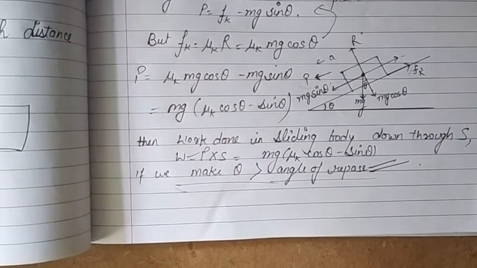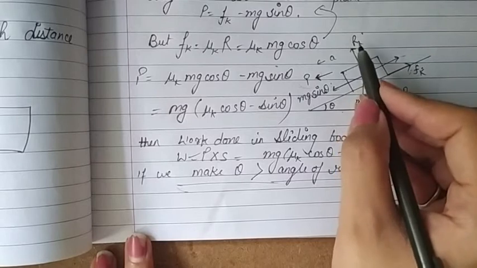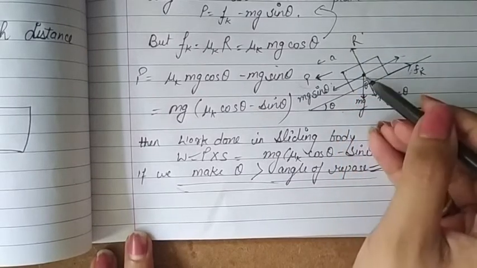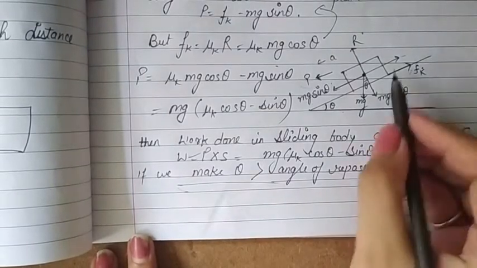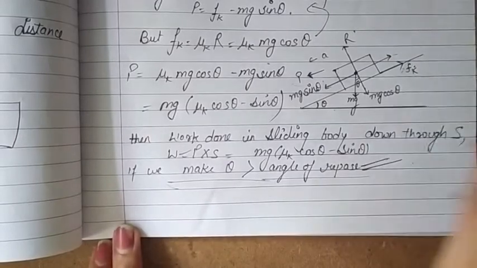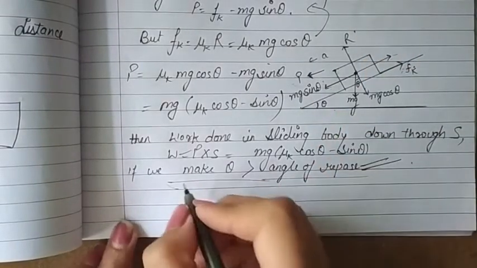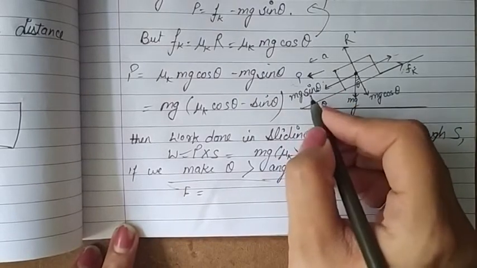So in this case again mg cos theta balances the normal reaction capital R, mg sin theta is acting downward, and Fk is the kinetic friction, which is upward. So the net force acting down the plane is equal to the difference of mg sin theta minus Fk.